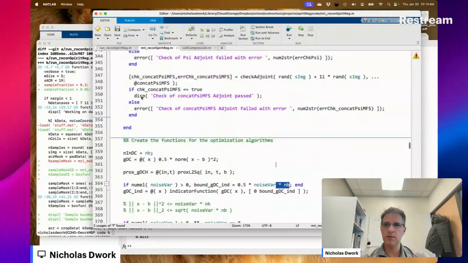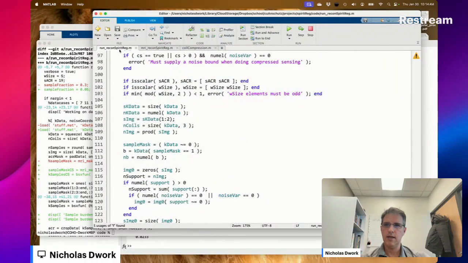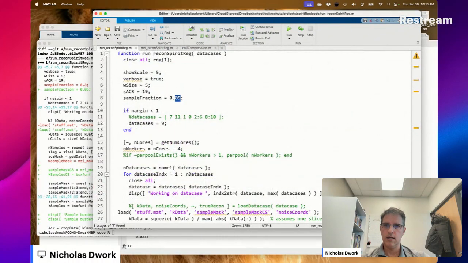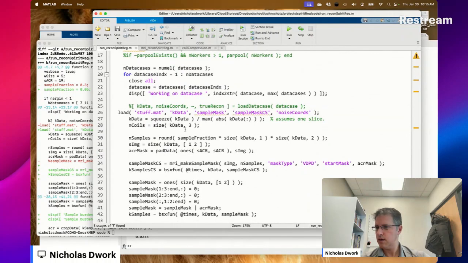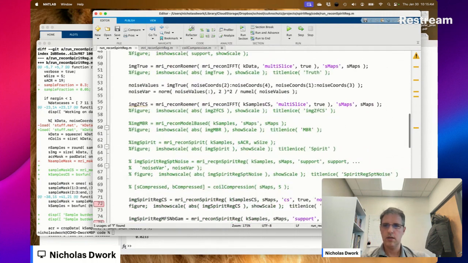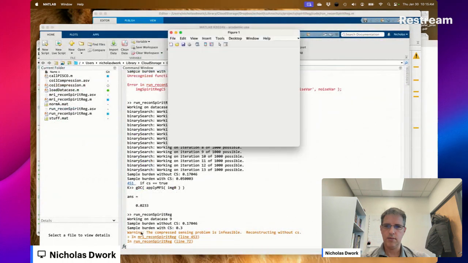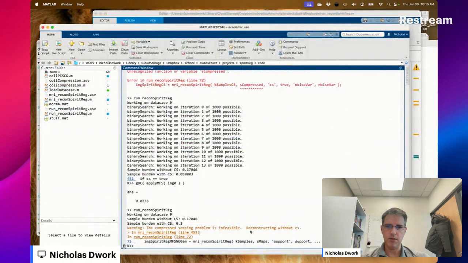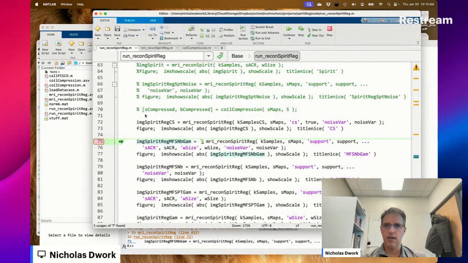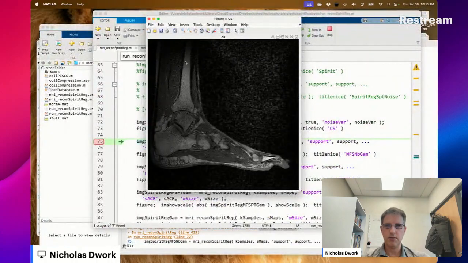We're going back to a reasonable undersampling rate, 0.3. And so this should give us a warning. Yep, the compressed sensing problem is infeasible, reconstructing without compressed sensing. And right now, that just gives us the least squares result.